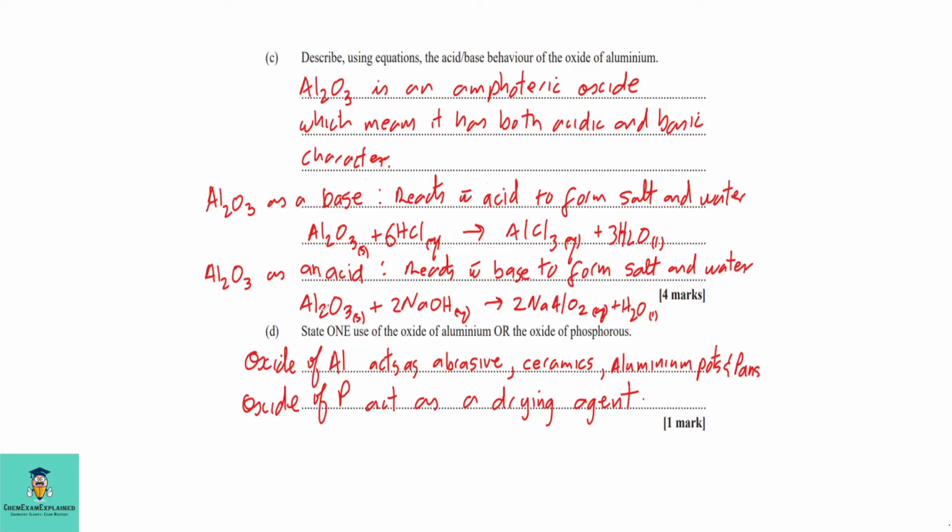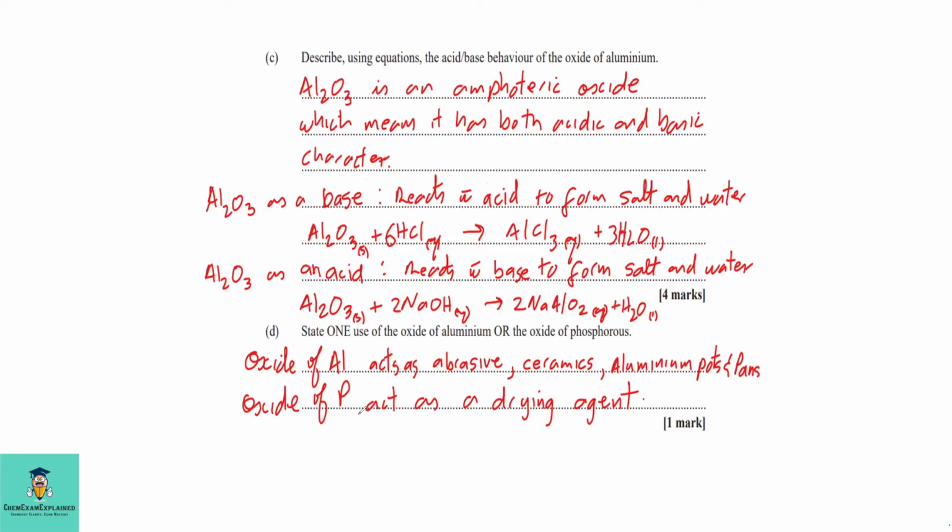So acid plus base forms a salt and water. Part D. State one use of the oxide of aluminum or the oxide of phosphorus. The oxide of aluminum is used as an abrasive, in ceramics, and in aluminum pots and pans.